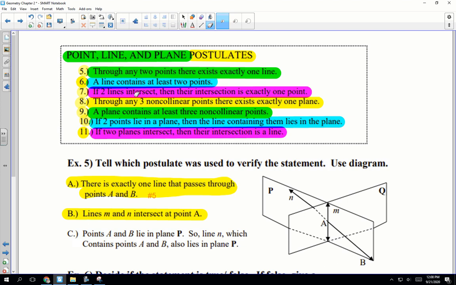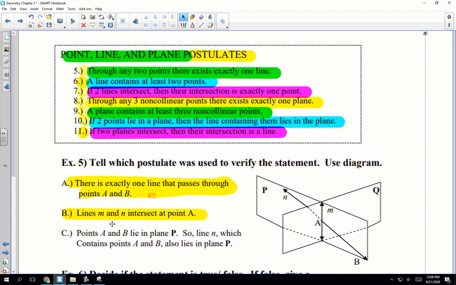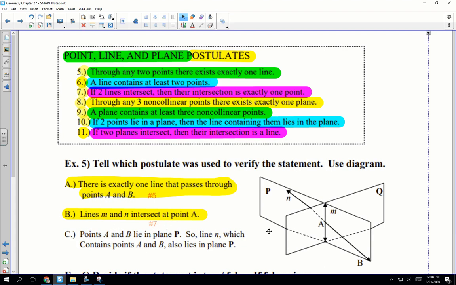If 2 lines intersect, then their intersection is exactly 1 point. Oh, that's what we need. 2 lines, 1 point. Yay, we found it. Okay, so let's write that down. That would be number 7. There it is. I lost it in the weeds there.